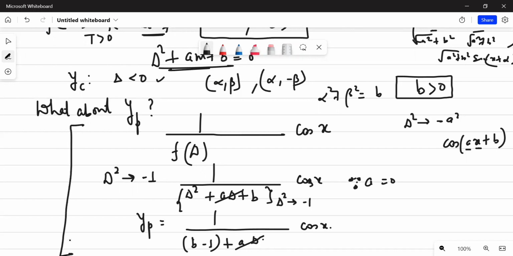We are finding that our particular integral must be periodic.